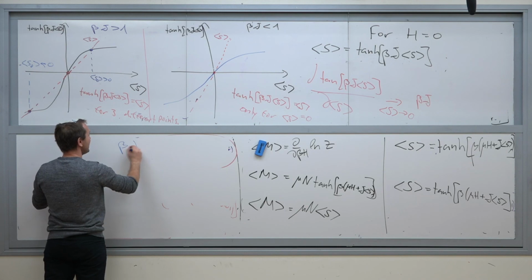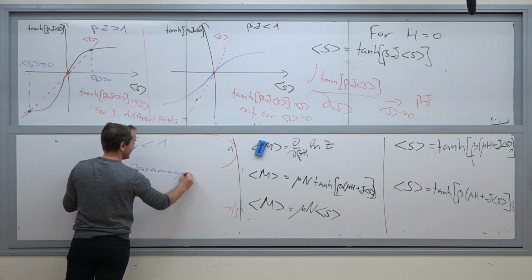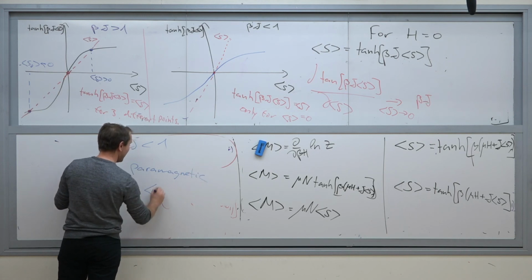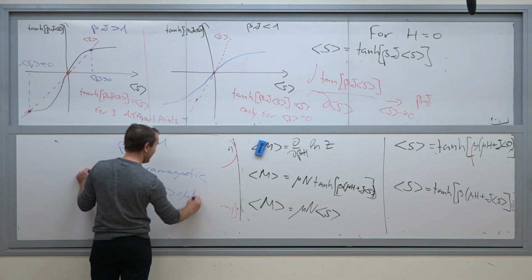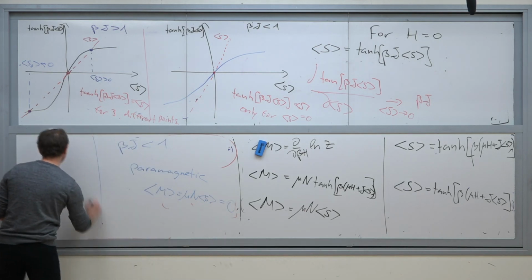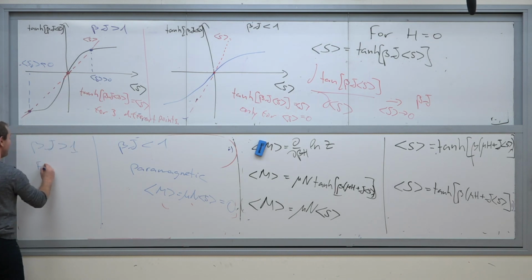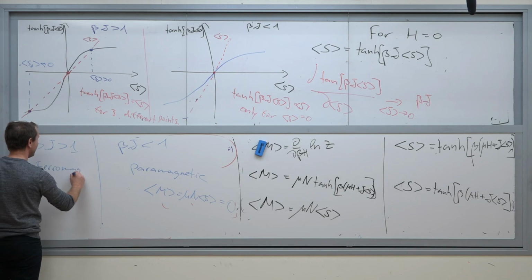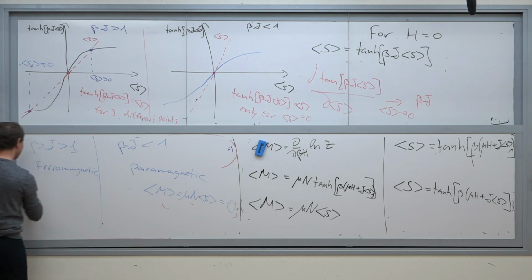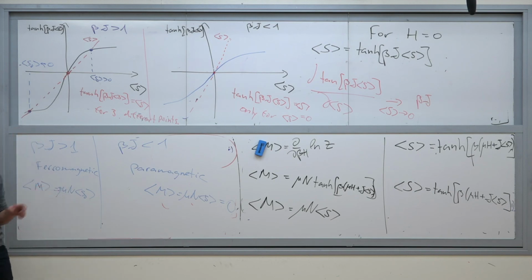So beta J smaller than 1, it's paramagnetic: average m equals mu n average s equals 0. And beta J greater than 1, it's ferromagnetic: M equals mu n S0. Plus minus, two solutions, not only one.